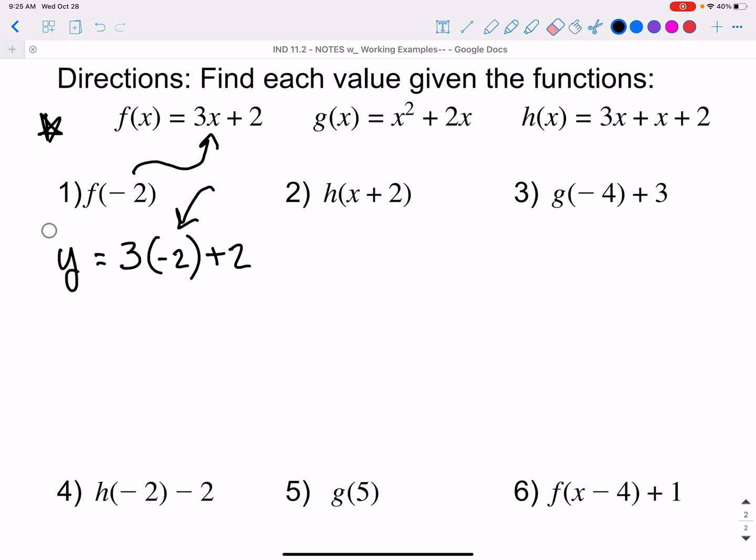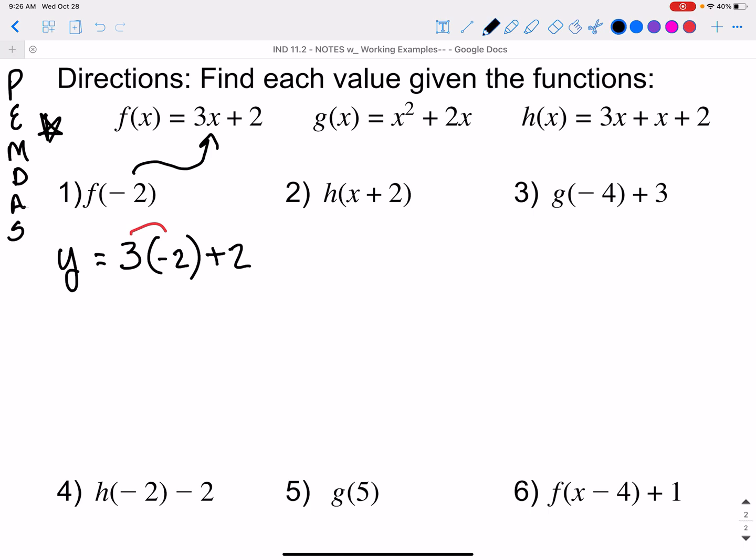So let's evaluate this now. Remember PEMDAS, I'll write that up here: parentheses, exponents, multiplication, division, addition, subtraction. In order, we take care of parentheses first. Parentheses here means we distribute, or multiply, 3 times negative 2.